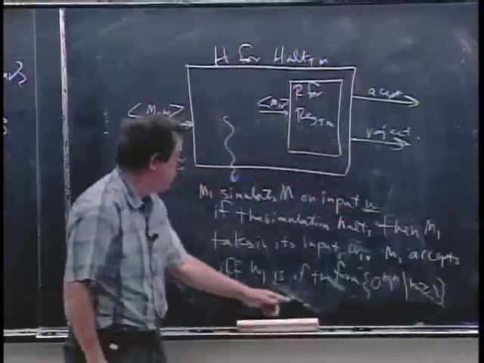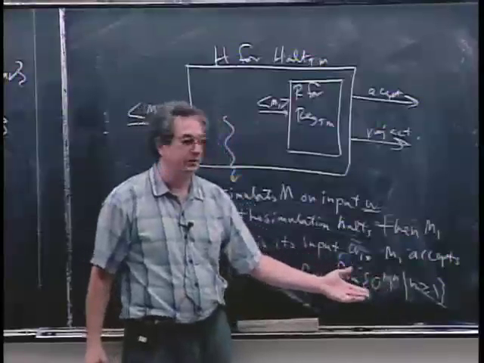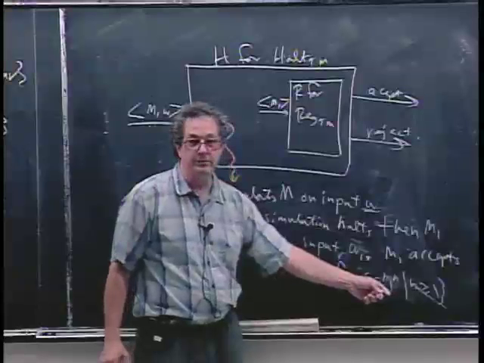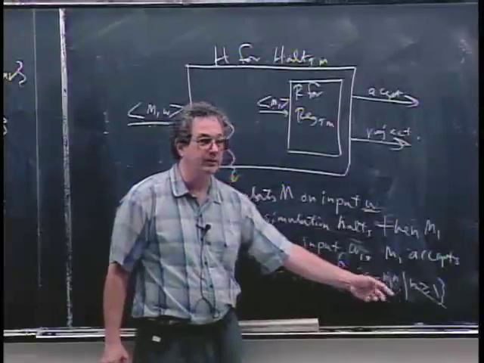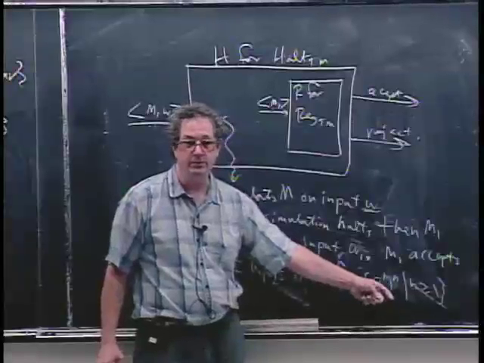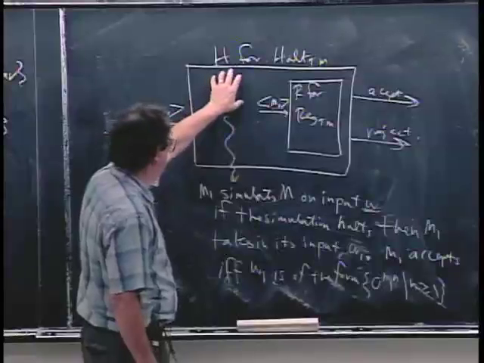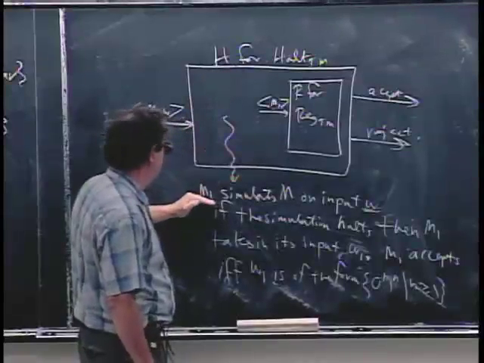Okay. Now, this is not a regular language, but a Turing machine can definitely look at a string and find out whether it's an equal number of zeros followed by an equal number of ones. Even a PDA can do that. So this is a rather trivial thing for a Turing machine. So definitely H can create this Turing machine M1, which does the following thing.